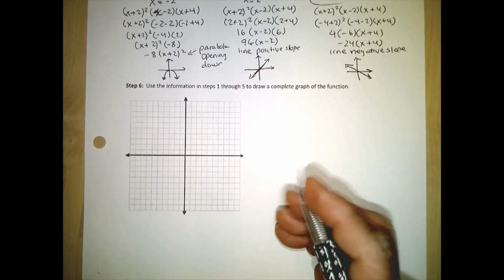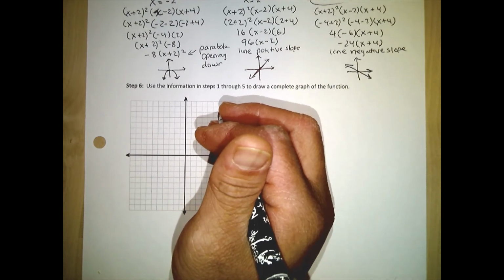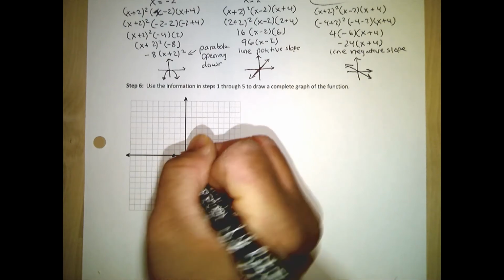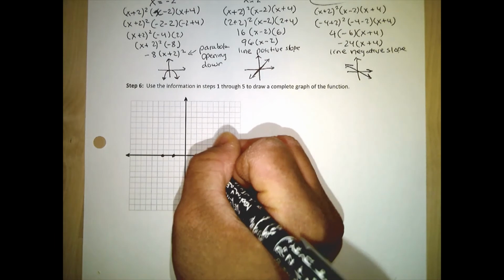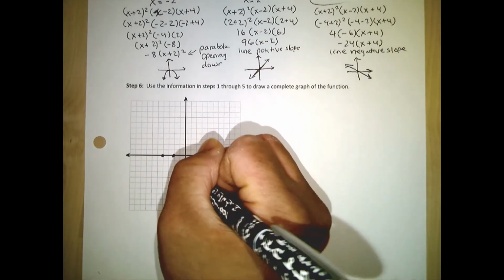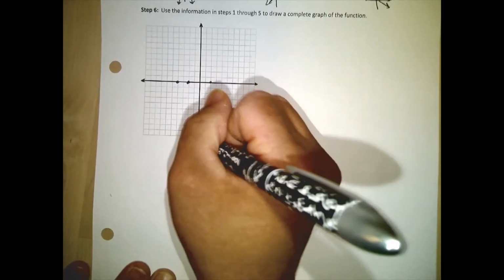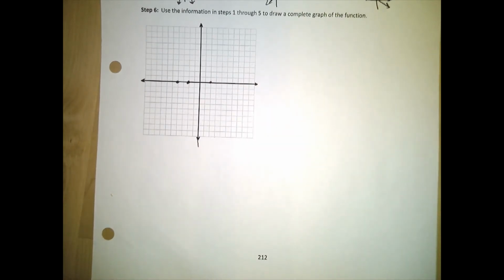All right, so I know, first of all, it had an x-intercept at −2, at −4, at 2, and a y-intercept at (0, −32), so −1, 2, 3, 4, 5, 6, 7, 8, 9, 10. Oh boy. All right, let me get my ruler out here because I want to be as accurate as possible.